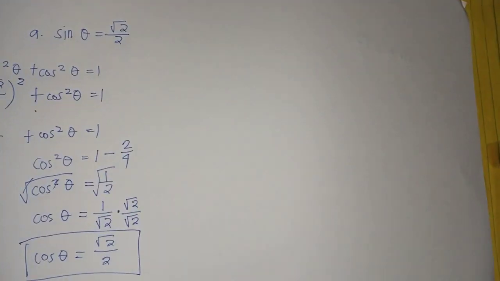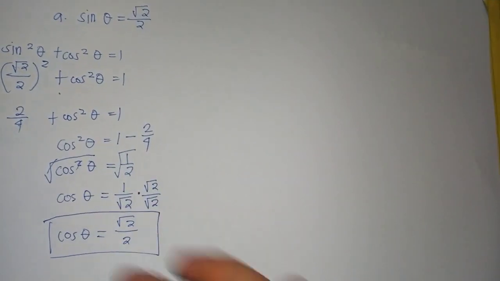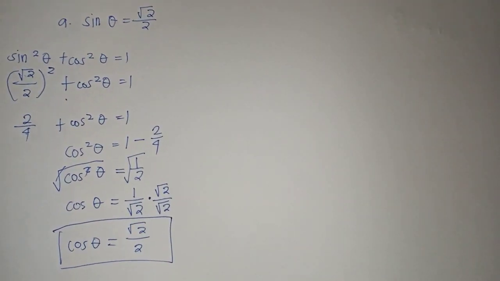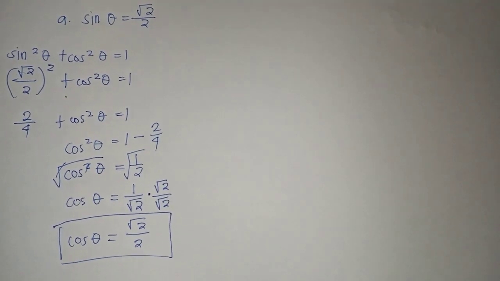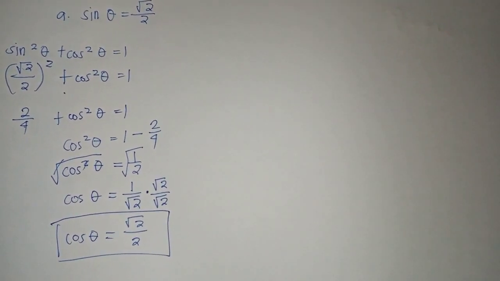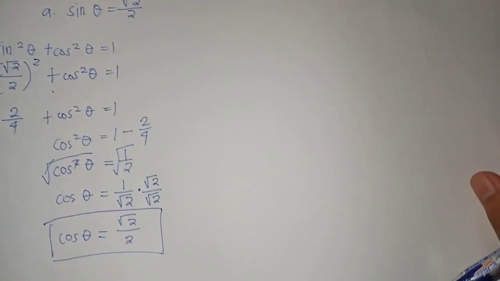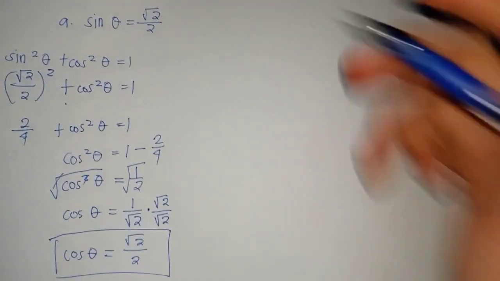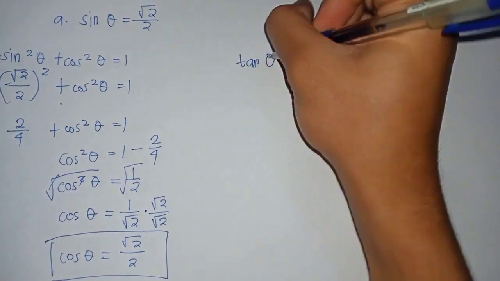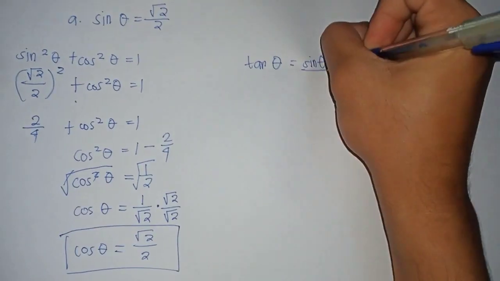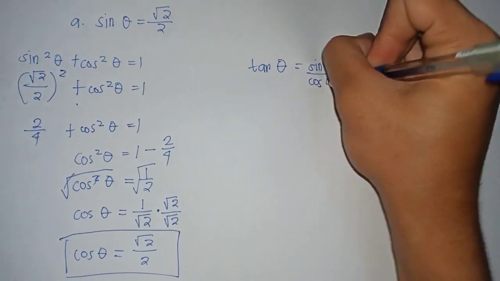Next, since the cosine is given, we need to find identities where sine and cos theta are given. So we are going to use quotient identities. Tan theta is equal to sine theta over cos theta.